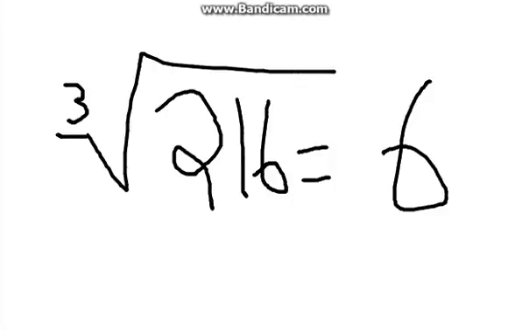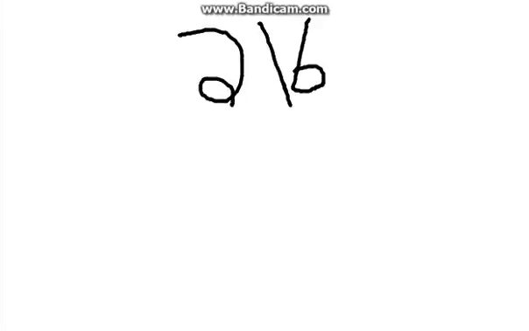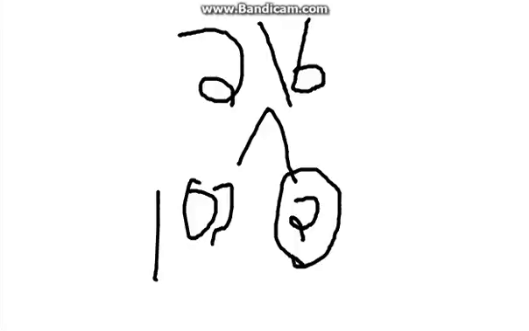If you're like, wait, how did you get 6? Let me show you a way how to solve it. So this is called a factor tree. You're going to have to pull out the prime factorization for 216. So there's a 2 in 108. So let's see, we already have a 2 up here.